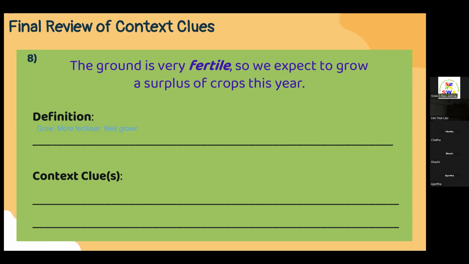So what is the type of context clues being used? This one, remember earlier I said that there are some sentences that actually describe the meaning of the word. So does anybody know what is the type of category?